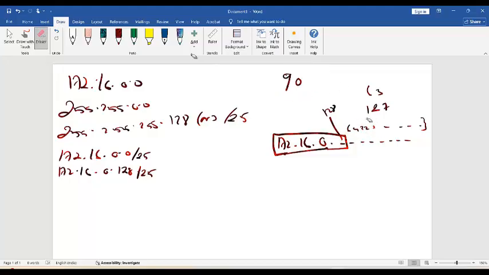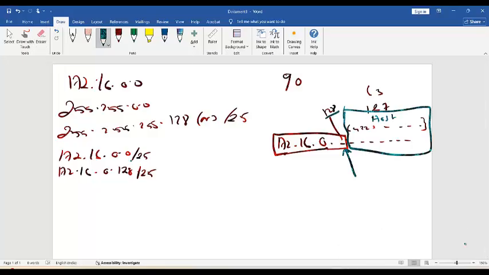So correct that, and then you try and then get back. So you see, we have to increment by 128. So the next network will be 172.16 dot. If I add 128 to it, I'll get 256, correct? Yes, sir. We don't have 256 in this octet.